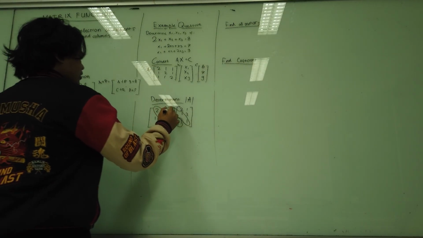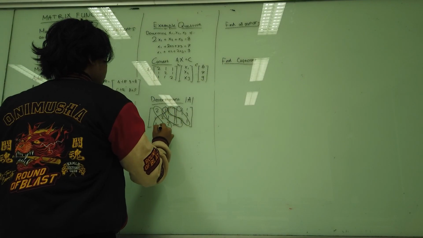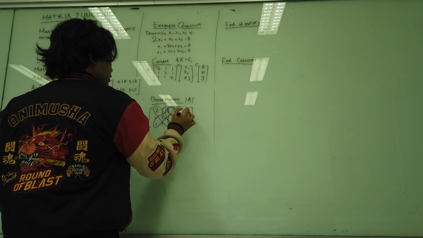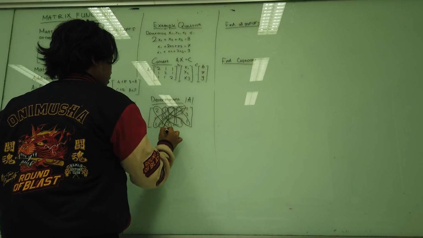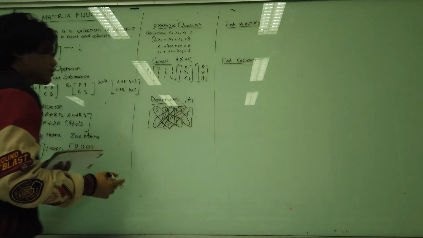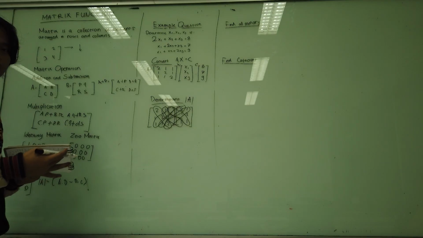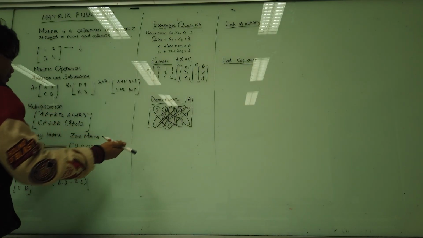And then we calculate the negatives. 1, 2, 1, 2, 1, 1, and 1, 1, 2. Because it's quite cramped here, I'll be going downward and explain the equation to you.